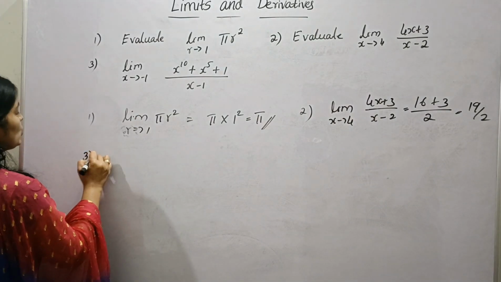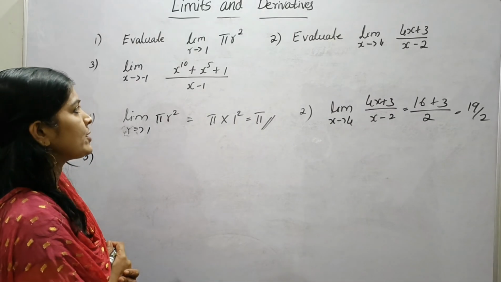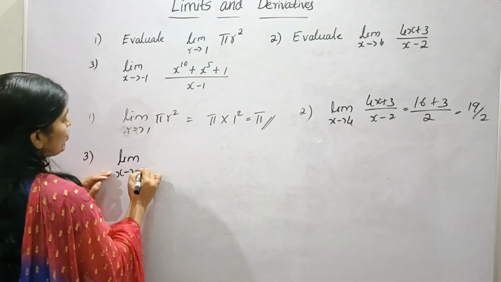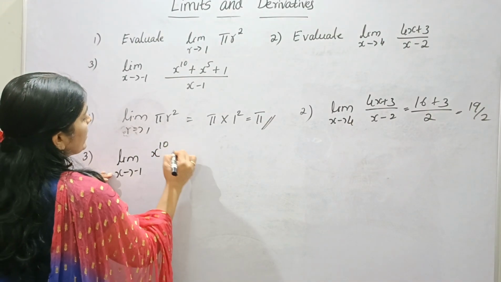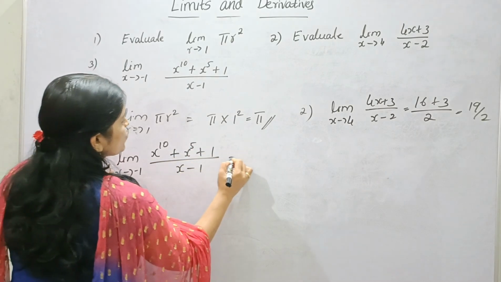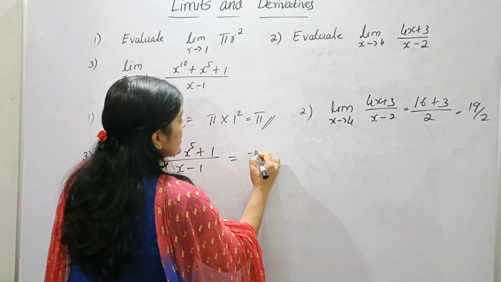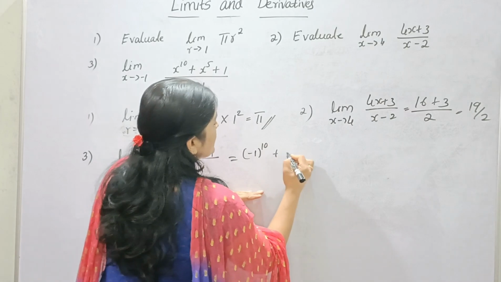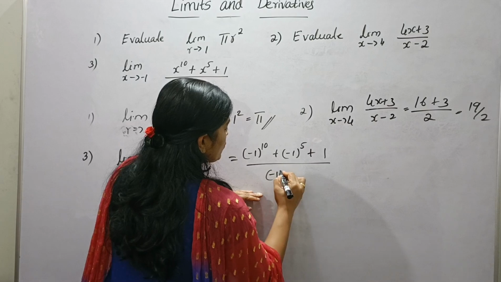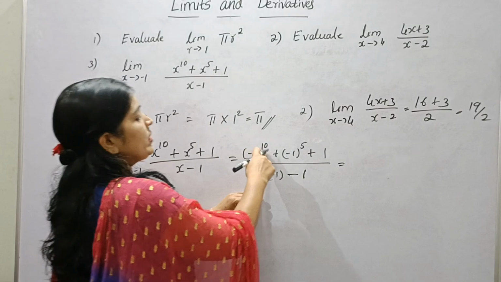Next, let us go through the third one: the limit as x tends to minus 1 of (x to the power 10 plus x to the power 5 plus 1) divided by (x minus 1). Substitute x equal to minus 1. That gives (minus 1) to the power 10 plus (minus 1) to the power 5 plus 1, divided by minus 1 minus 2.